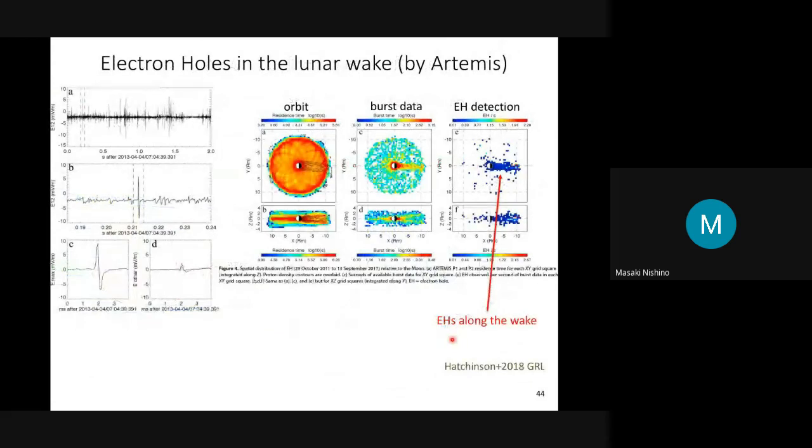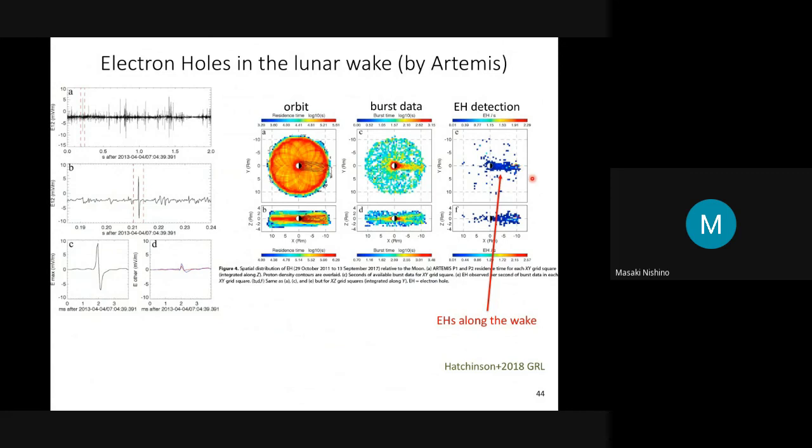And these are recent observations by the Artemis spacecraft. They detected electron holes in the distant lunar wake, as shown here. Our Kaguya measurement was only 100 kilometers around the moon, almost attached to the lunar surface. But thanks to its very large orbit, the Artemis spacecraft can detect such electron holes in a wide region around the lunar environment.